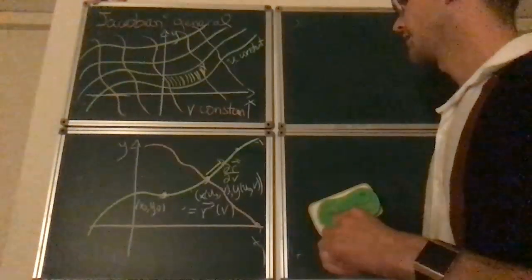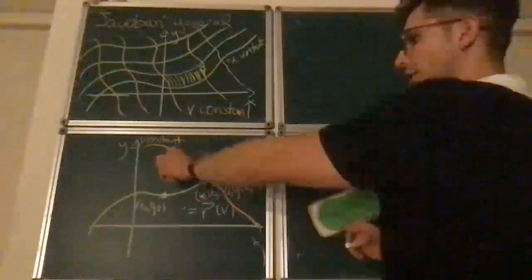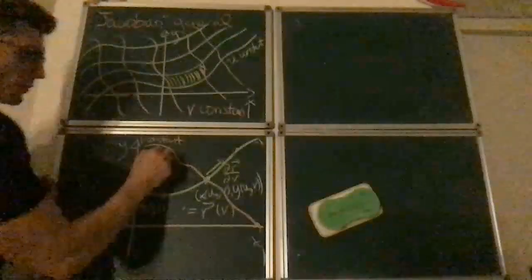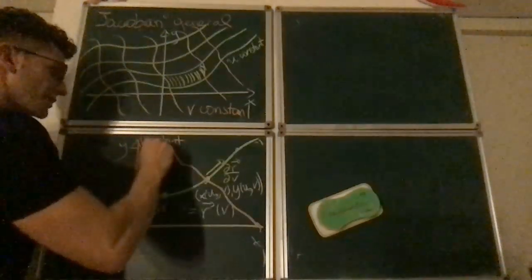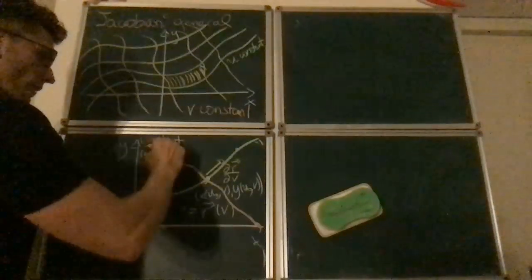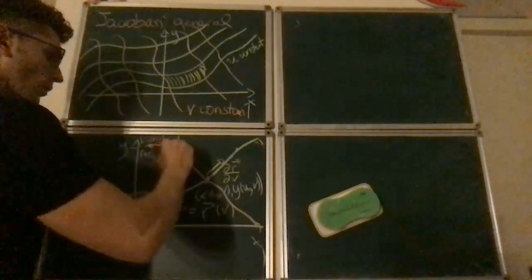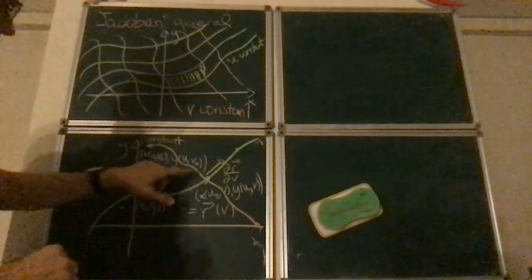Something similar is happening here. Now here v is constant. So if you take a point on this curve, v is constant, so x is only changing because u is changing. So you put here x of u, v naught, y of u, v naught, meaning that only u is changing.